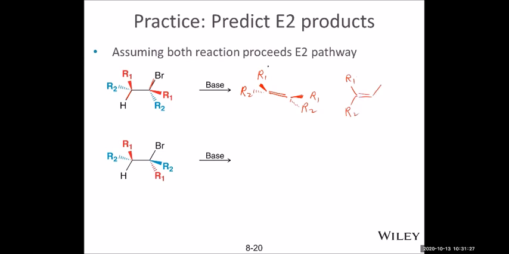You can see both are wedges. That's important. There's a very important tip for how to decide. You can see both R1 are wedges. They are on the same side of the double bond. That's the final molecule you write down on paper, by eliminating these two from the double bond.